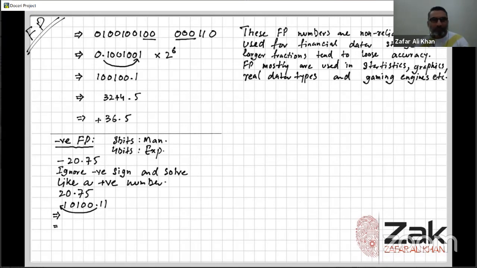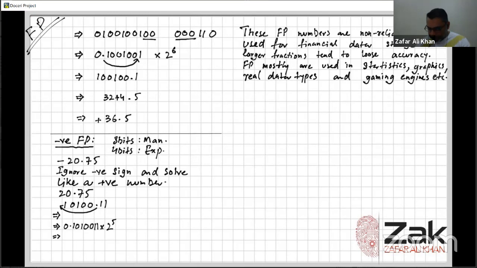Now, this would become 0.10100 point 0.1010101011 times 2 to the power 5. The exponent is 5. Why? Because 1, 2, 3, 4, 5 times we moved the point towards the left, and in order to get back the figure, we have to move it back 5 times.